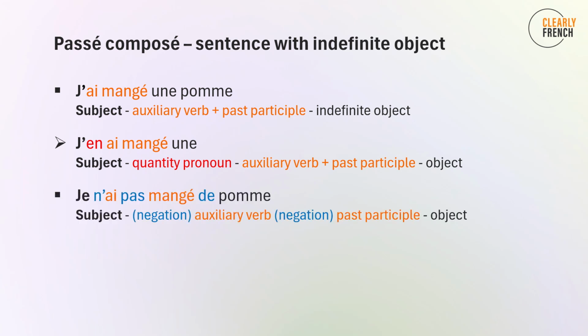Same for the negative. Je n'ai pas mangé de pommes. So I did not eat any apples. Here, the negation wrapped around the ai, which is the auxiliary verb. So remember, mangé comes after because it's not the active verb, really.